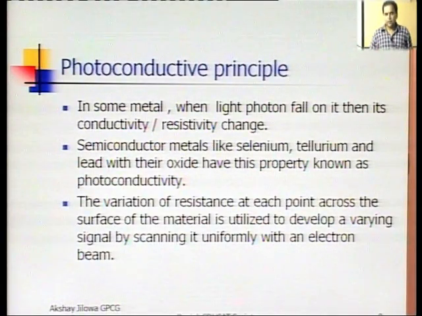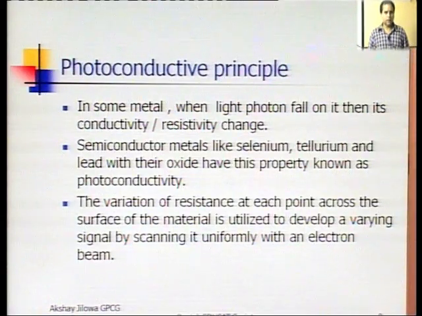That was the first principle, photoemissive. The another principle is the photoconductive principle. In some metal, when light photons fall on it, its conductivity or resistivity changes. In the earlier principle, when light falls on the surface of a photocathode, electrons are liberated from the outermost shell of the molecule.